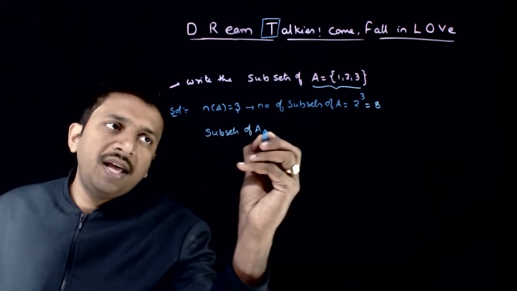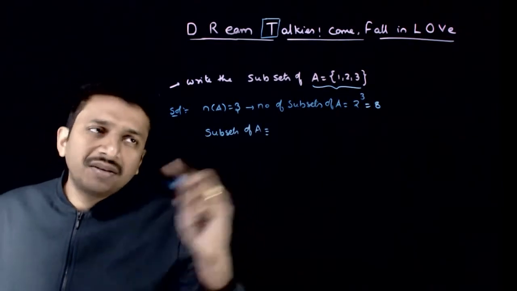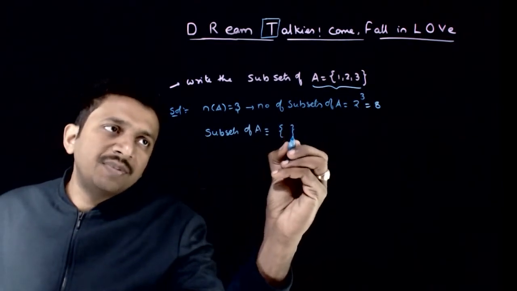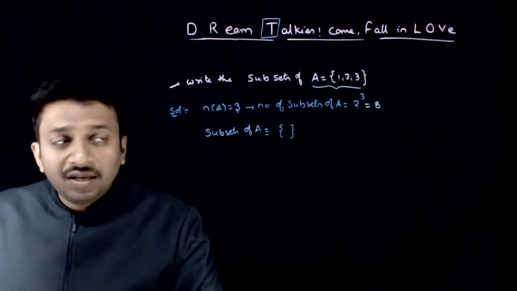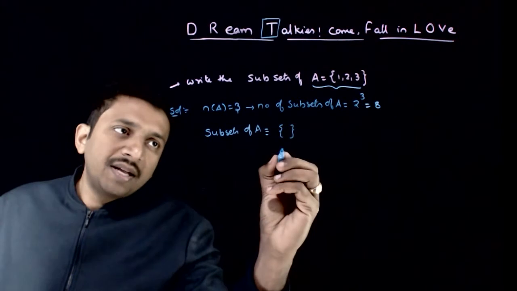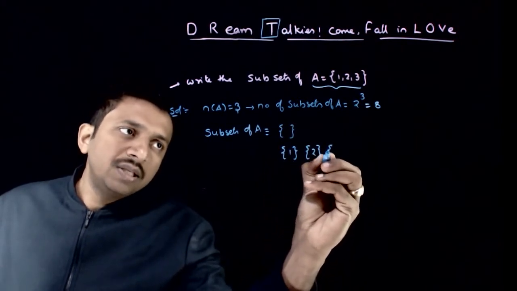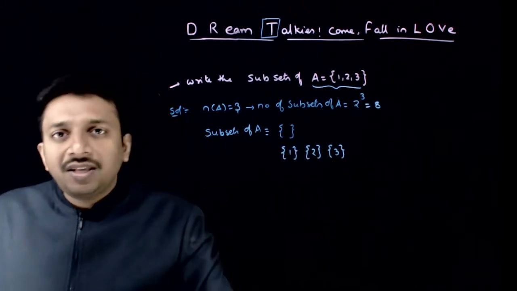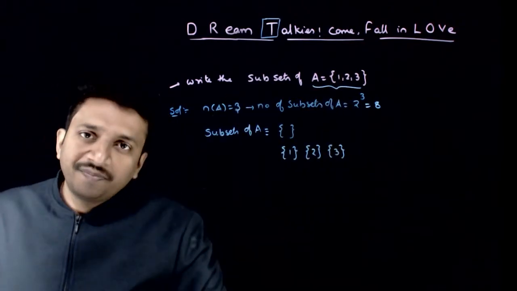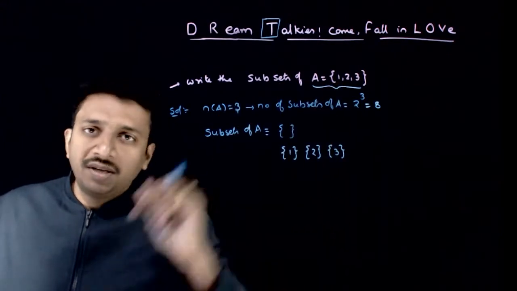Subsets of A are. So first let us start with the empty set. So we know that the empty set is a subset of every set. Next we write subsets containing one element. That is the set containing 1, the set containing 2, the set containing 3. All these are subsets of the set A. So I have only 3 subsets containing one element each.